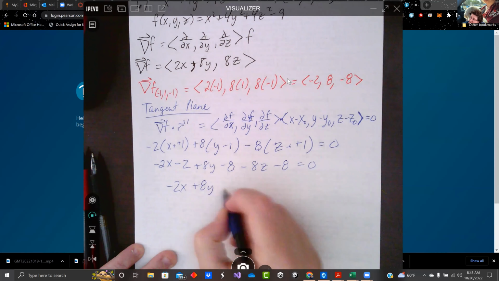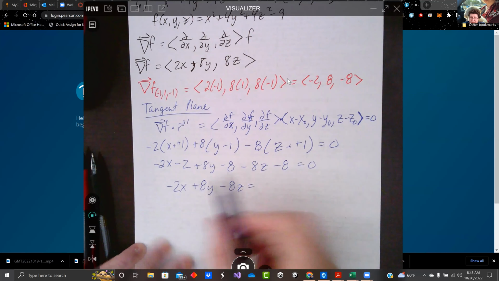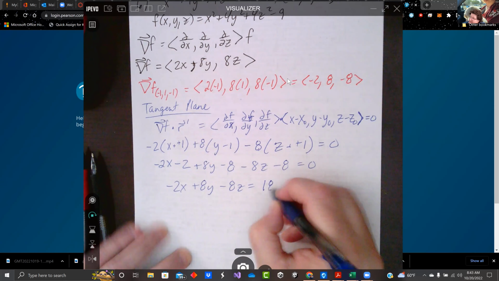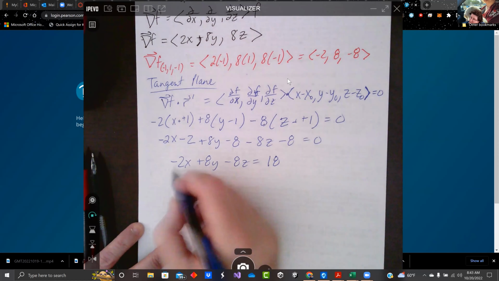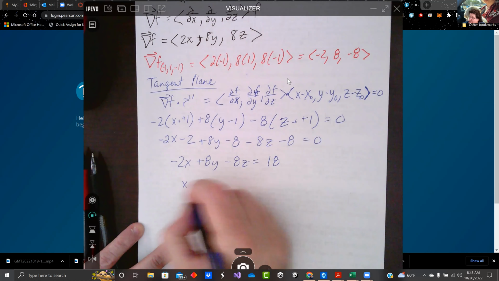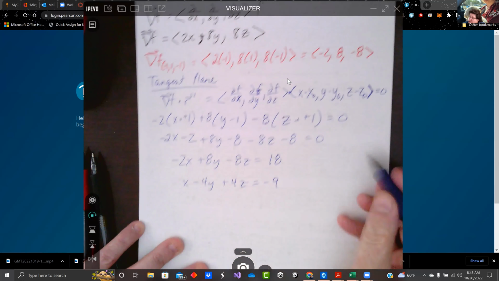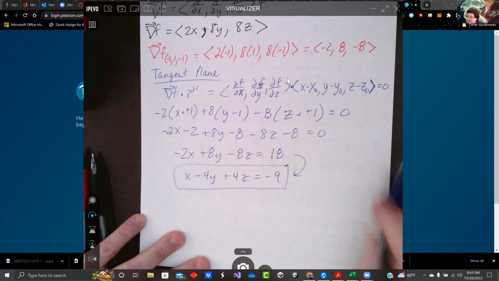Moving the constants to the other side, -2, -8, -8 is -18, so it becomes +18 over there. That would work. I'm going to divide by -2. Either one of these. I think this is the cleaner looking one.